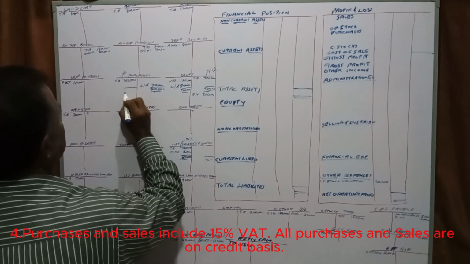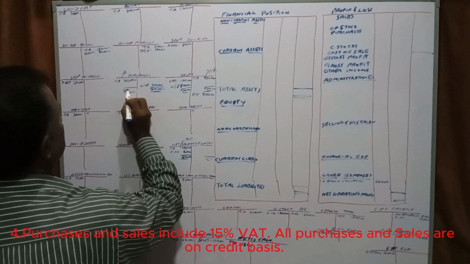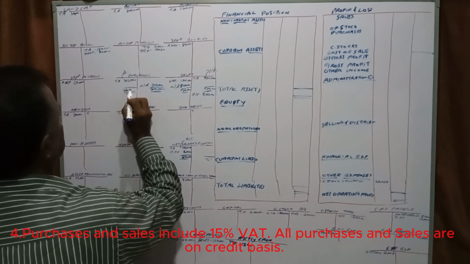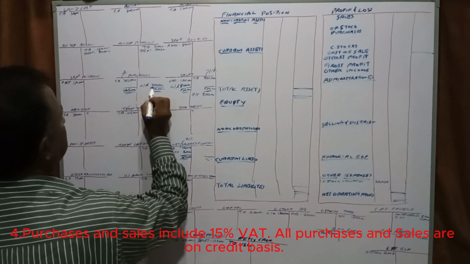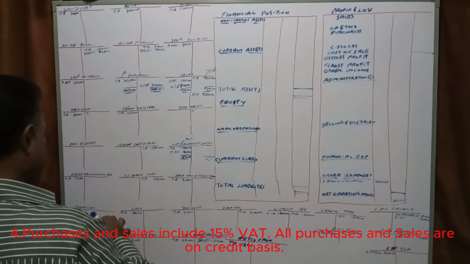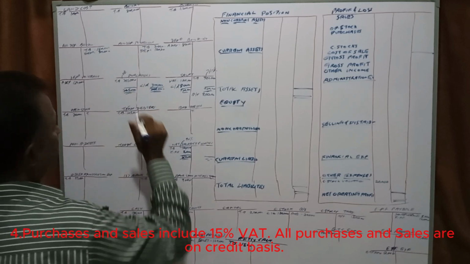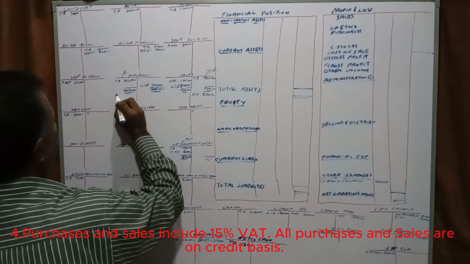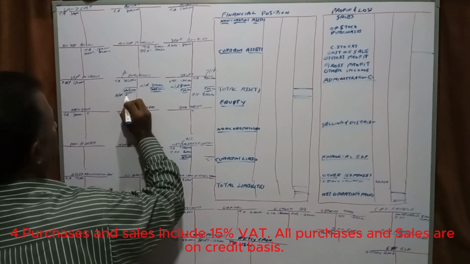So this 300,000 only we have to show in the profit and loss account. This 300,000 only. Also, brought forward balance should be 300,000.